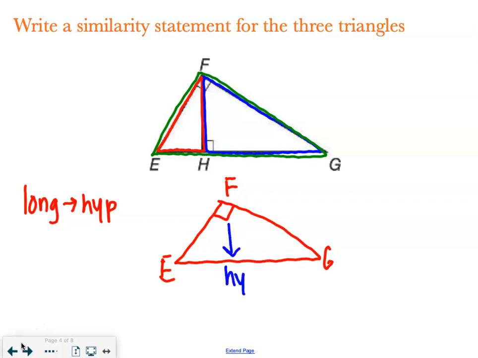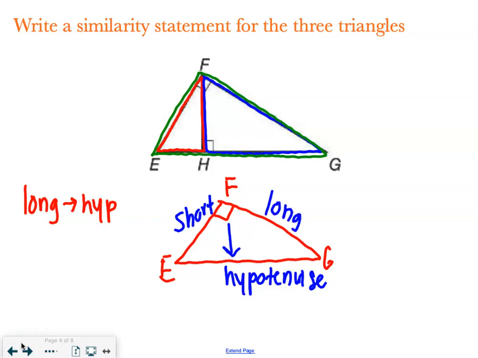There's our hypotenuse. And then we typically have a short side and a long side. Here I can clearly see that EF is my short side, and FG is the longer side between those 2 legs.